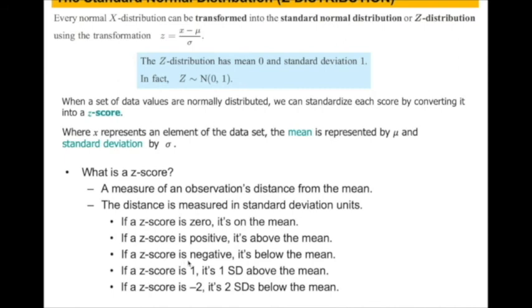If a z-score is negative, then it is below the mean. If a z-score is 1, it means it is one standard deviation above the mean. If a z-score is negative 2, then it means it is 2 standard deviations below the mean.